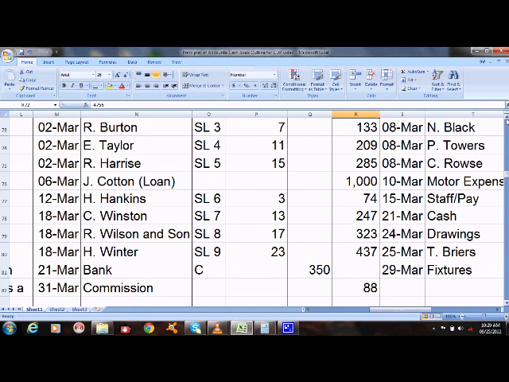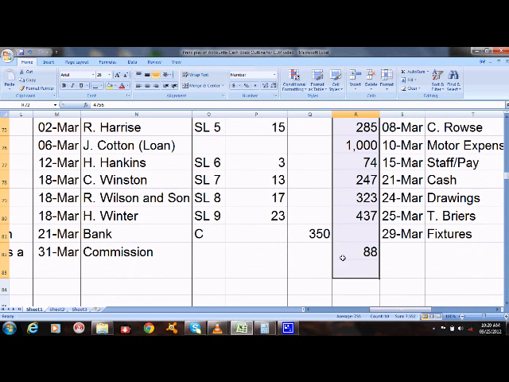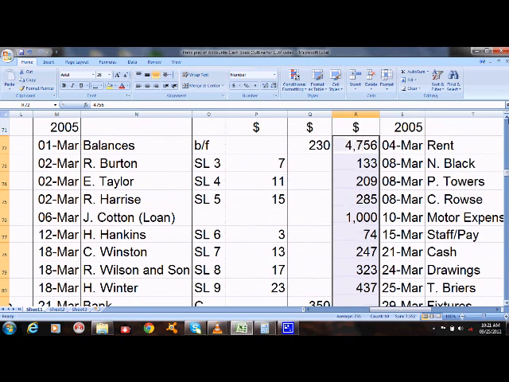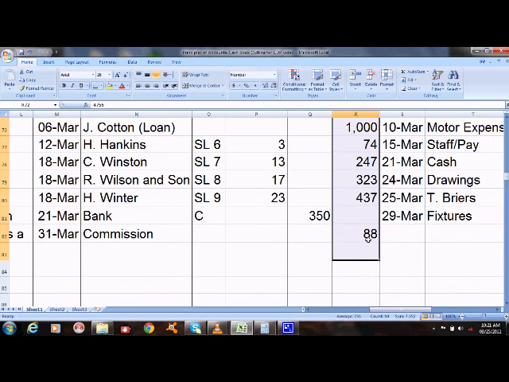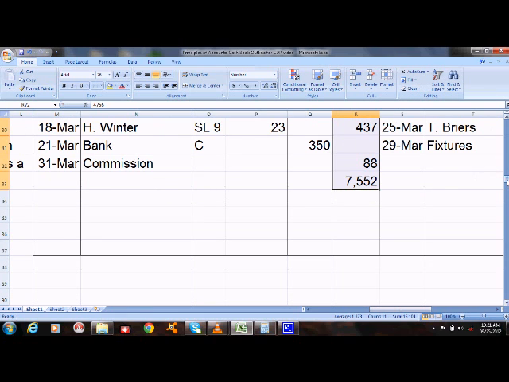Alright. So first thing you have to do, we're going to add up the bank column and see how much it is. So we're going to add this plus this plus this plus this plus this plus this plus this plus this plus this plus this, and the total on the computer we are using would be 7,552.